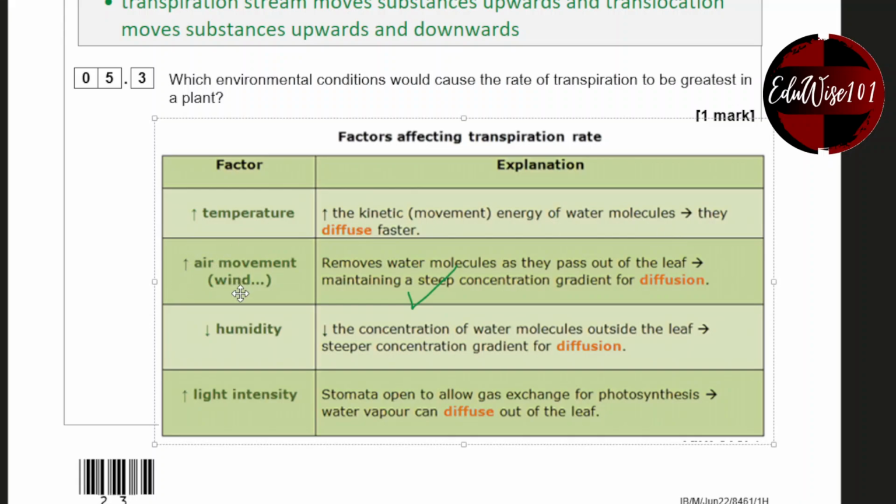Wind movement, or movement of air molecules, removes water molecules as they pass out of the leaf, which maintains a steep concentration gradient for diffusion. Low humidity means a lower concentration of water molecules outside the leaf, so a steeper concentration gradient. And increased light intensity means stomata open to allow gas exchange for photosynthesis, which means that water vapor can diffuse out of the leaf.